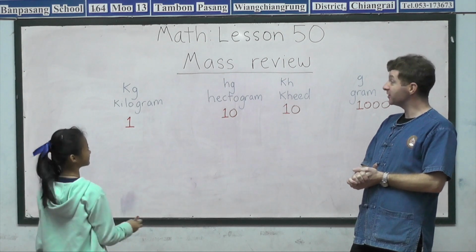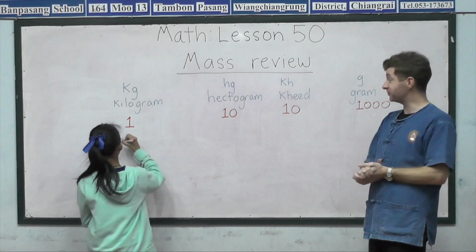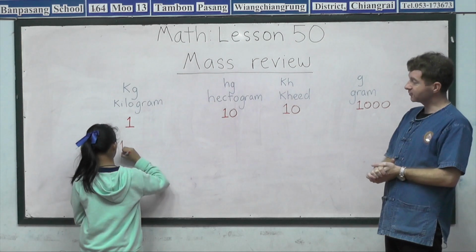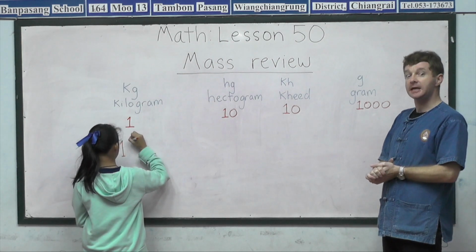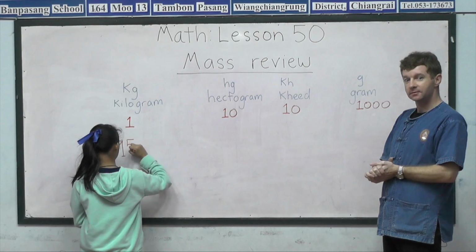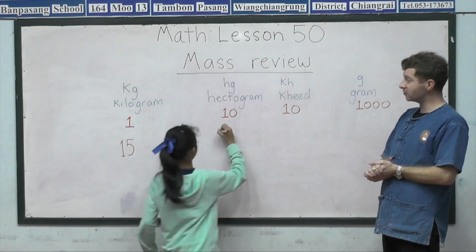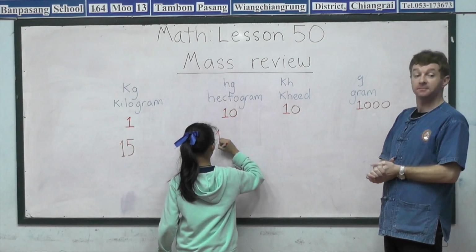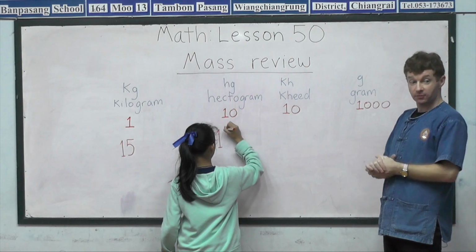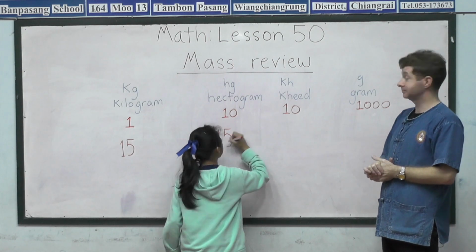15. Okay, 15. So let's do together 15 kilograms. How many hectograms? 150. Perfect. Well done.